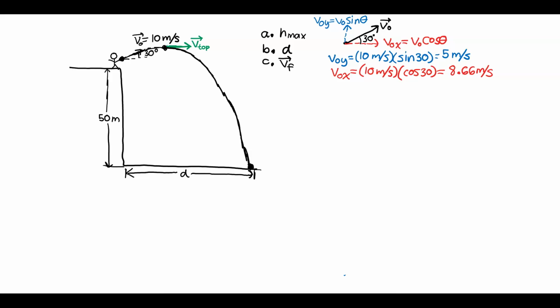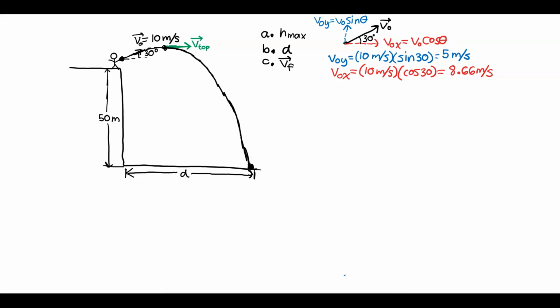And that's because the motion of the x and y components are independent of each other. However, at the maximum height, if you remember from that one-dimensional free fall example where you threw a rock up in the air, we saw that the y part of the velocity becomes zero.